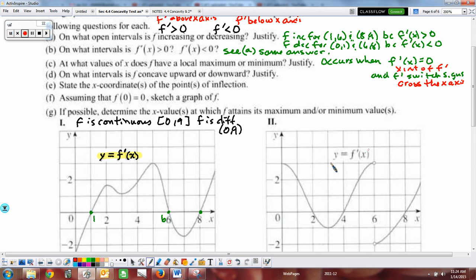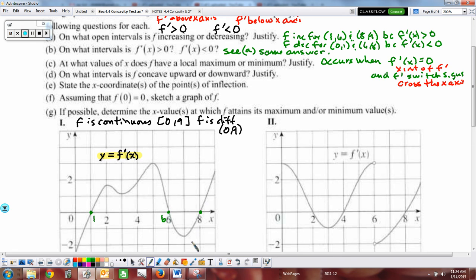So let's answer our question. Now we figured out what we're doing. I'll put this in blue. If I look over here, the x-intercepts are at 1, 6, and 8 for f prime. So that is this part. And then I ask myself the question, does it switch signs? Does it cross the x-axis? Yes, yes, and yes.